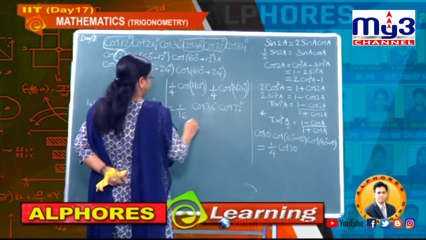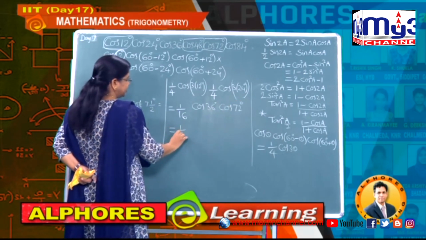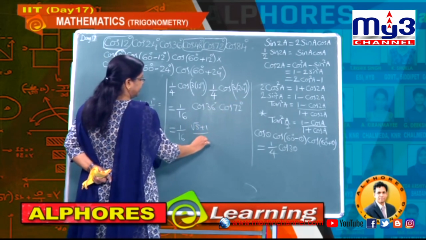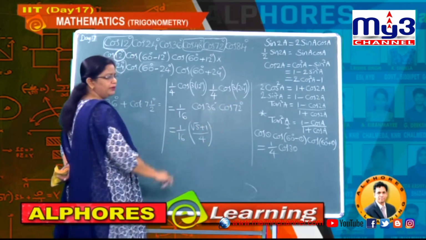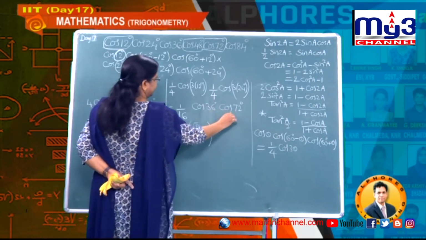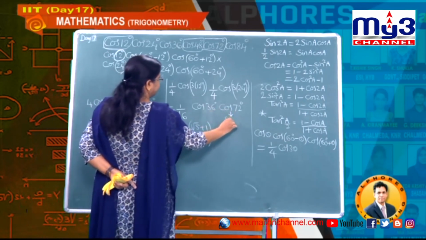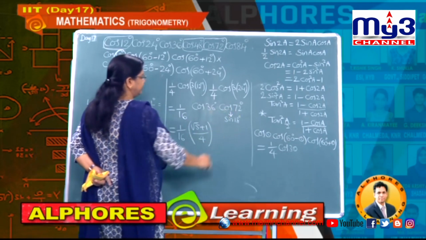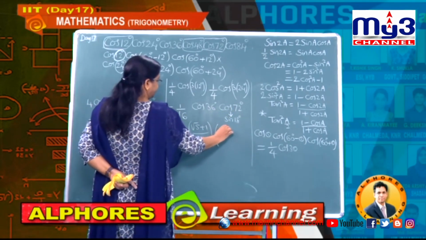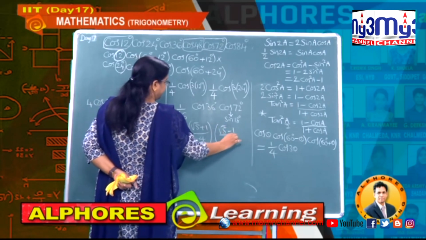Now cos 36 is root 5 plus 1 divided by 4, using our formula already deduced, and cos 72 is nothing but sin 18 degrees, the complementary value. And therefore it is root 5 minus 1 divided by 4.